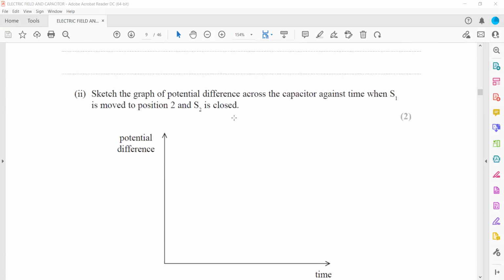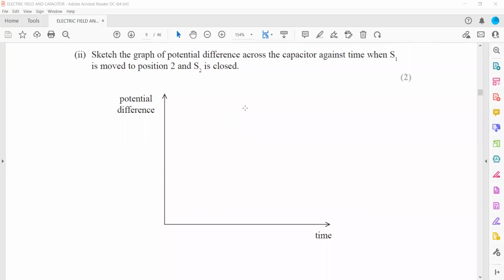Then sketch a graph of potential across the capacitor against time when the switch moves from position 1 to position 2 and S2 is closed. When it moves from position 1 to position 2, the maximum voltage was 6.